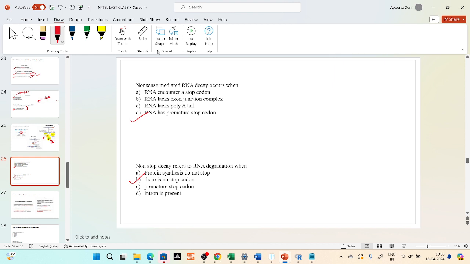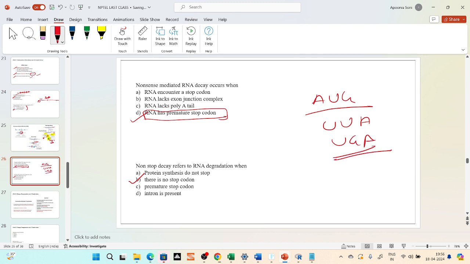Now these are already marked, but that's fine. Nonsense mediated RNA decay occurs when RNA has a premature stop codon. Nonsense mutation means if any codon is replaced by a stop codon, then that is a nonsense mutation.